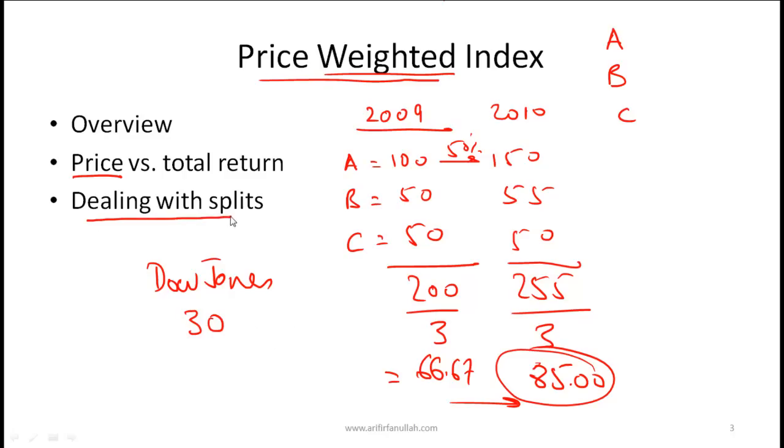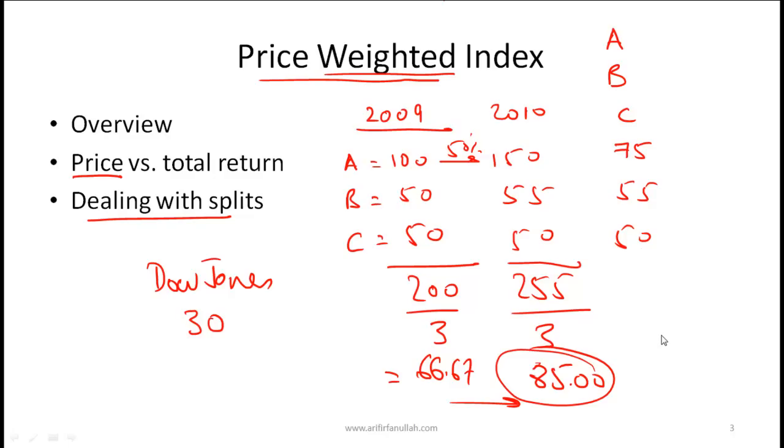How do we deal with splits? So let's say that stock A does a 2-for-1 split. So what that implies is that instead of 150 now, the price of A becomes 75, and let's say that the price of B and C remains the same. Now what should the index price be?